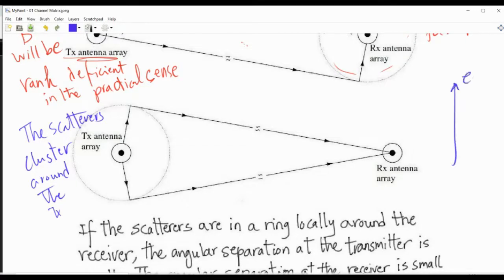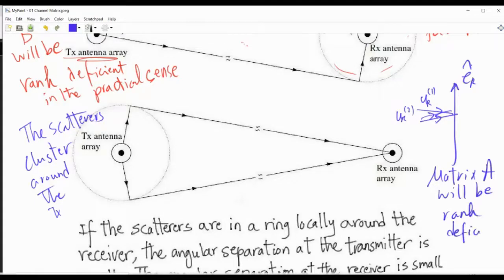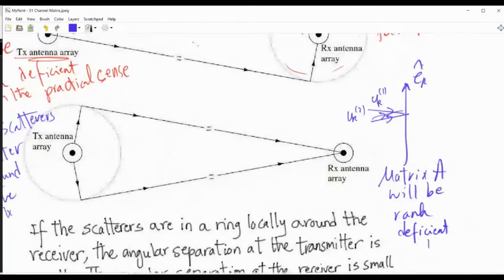This is the receiver ray. Those guys are close to one another. So here matrix A will be rank deficient in a practical sense.